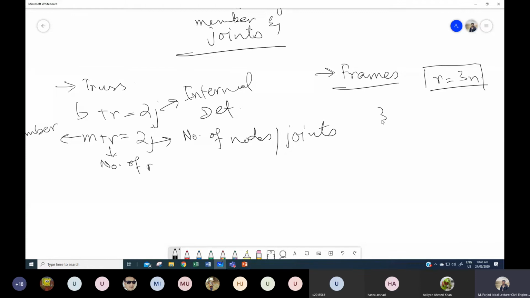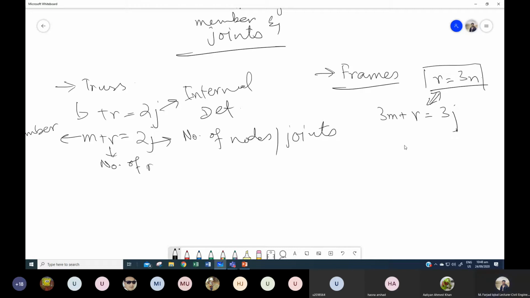I'm giving you another formula, that is 3M plus R is equal to 3J. Now I leave it up to you to figure out the difference between these two formulas. If you can figure it out right now, you can tell me. If not, just think about it later, and let me know in the next class what the difference is between these two formulas.